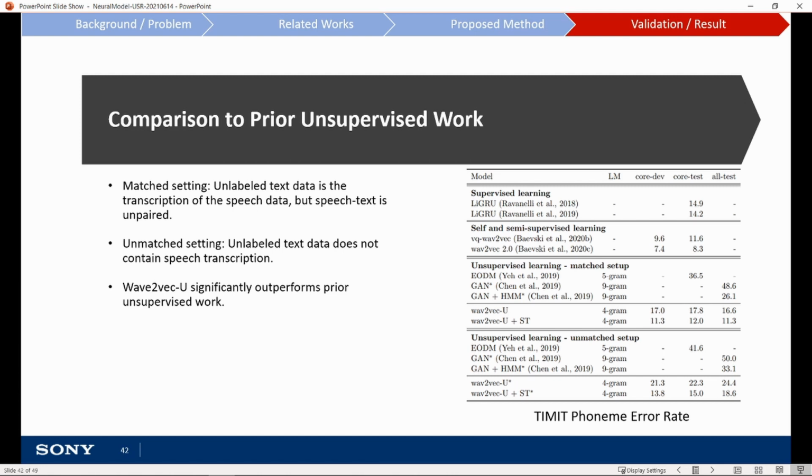And in the unmatched setting, the unlabeled text does not contain speech transcriptions at all. So the unmatched setting is a much more realistic case. And in both these settings, wav2vec-U significantly outperforms other unsupervised approaches.